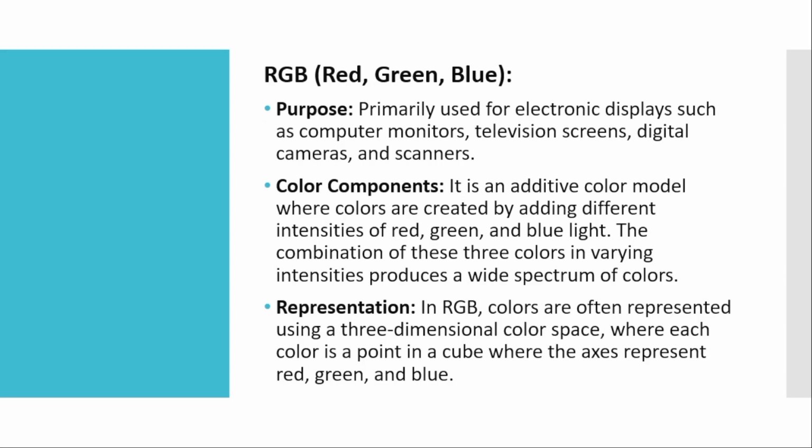This RGB can form a lot of different colors. Just as we know numbers are infinite, so also are colors. Colors are often represented using a three-dimensional color space, where each color is a point in a cube, and the axes represent red, green, and blue. That one is in Photoshop. I will gladly show you later.